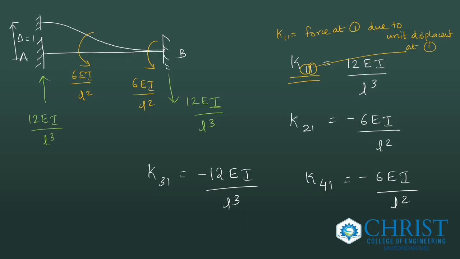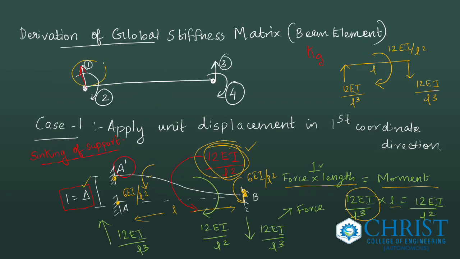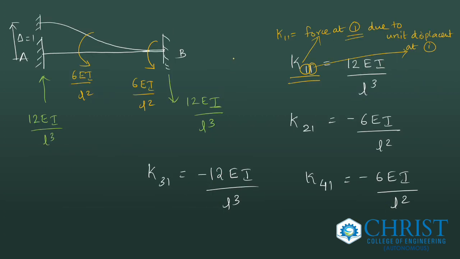The first subscript is the location of the first system coordinate. The first system coordinate is a translation. So we consider the support reaction RA as my force value. So my answer is 12 EI by L cube.